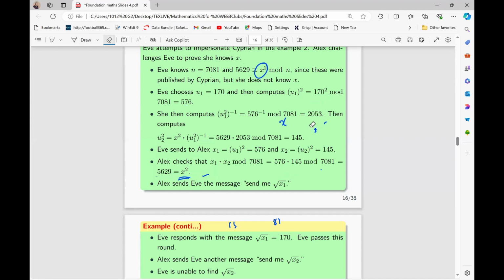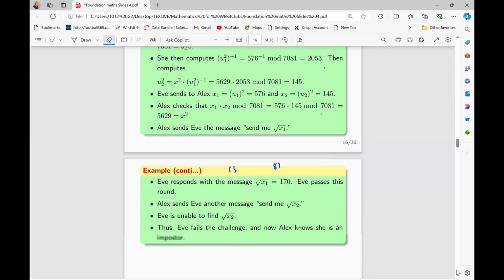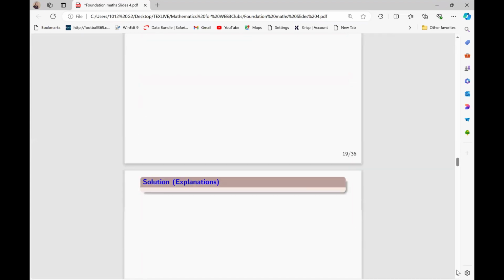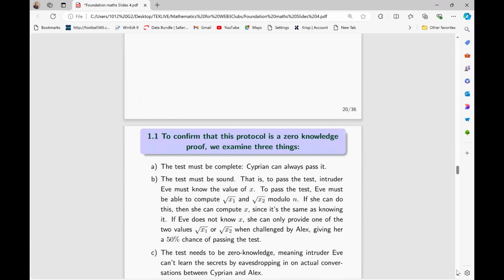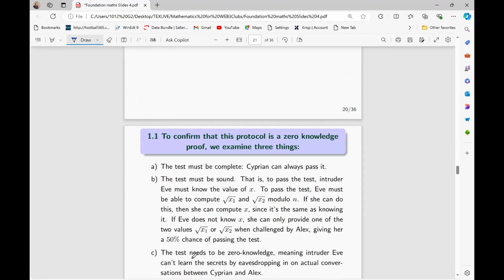And so when we left yesterday, we said that that is soundness. Soundness is one of the things we look at to confirm that the protocol is zero knowledge. We say that the test should be sound. And I explained what sound means.